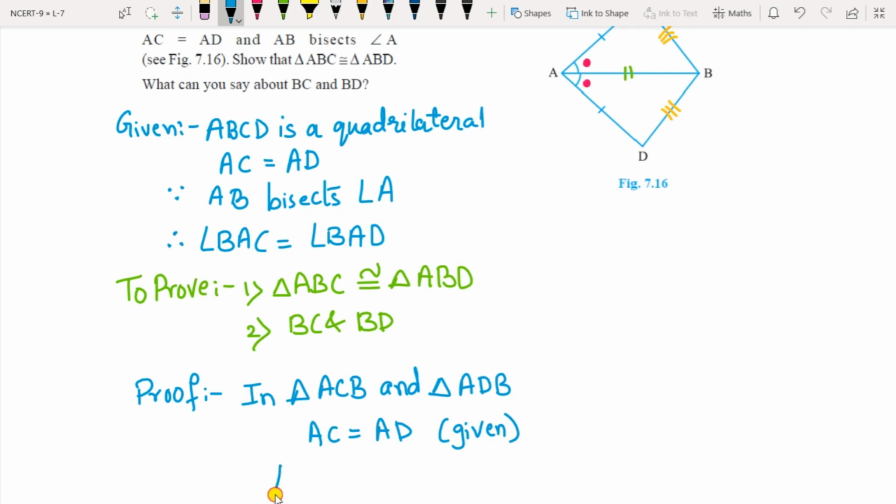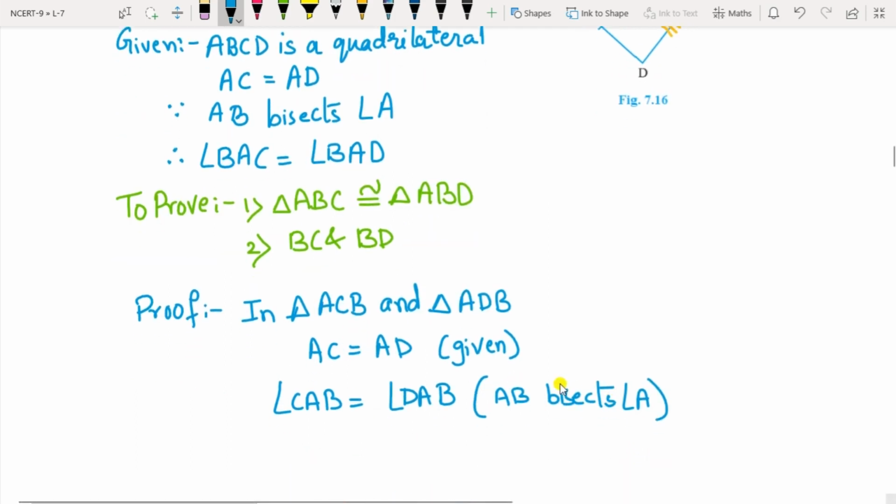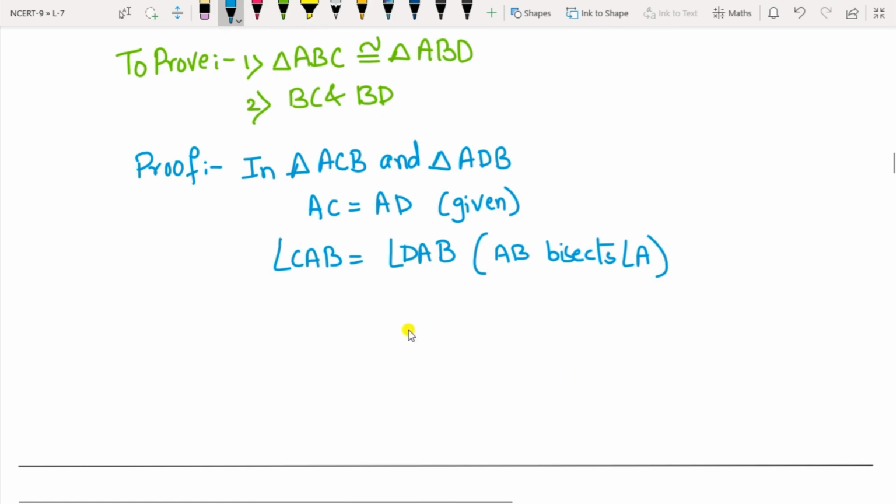Then angle CAB is equal to angle DAB. Why? Since AB bisects angle A, that is the reason, therefore they are equal. Then AB equal to AB, that is common.